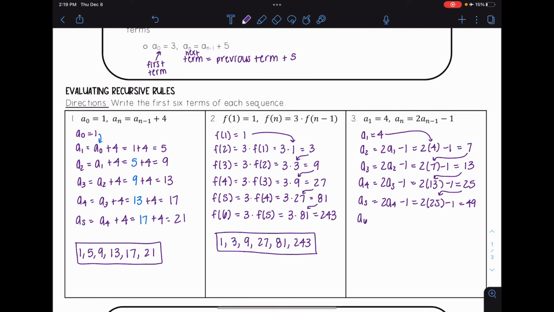And then a_6 is going to equal 2 times my previous term, which is a_5, minus 1. So I have 2 times 49 minus 1, which gets me 97. So the first 6 terms of this sequence are 4, 7, 13, 25, 49, and 97.